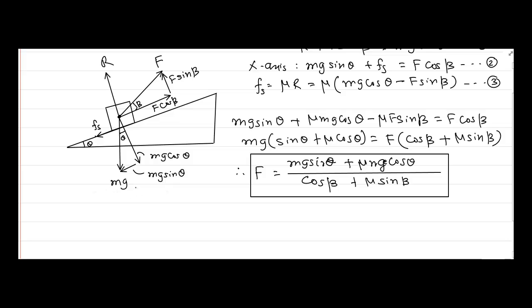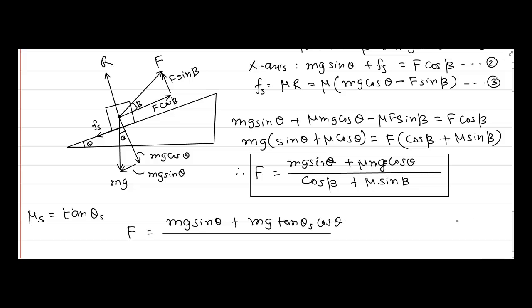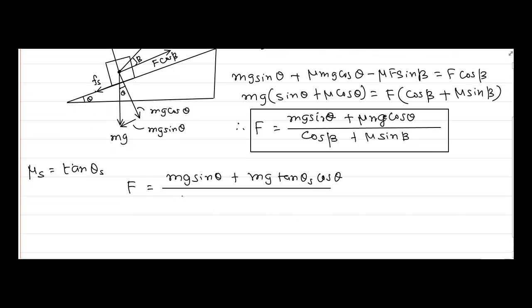Now if I take this value of mu s equal to tan theta s, where theta s is the angle of friction, then F will become equal to mg sine theta plus mg tan theta s into cos theta over cos beta plus tan theta s into sine beta.